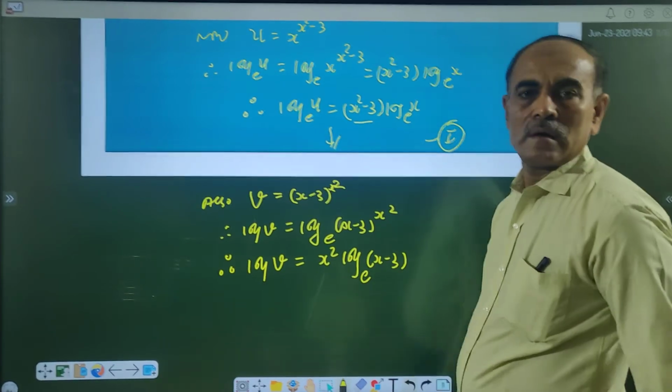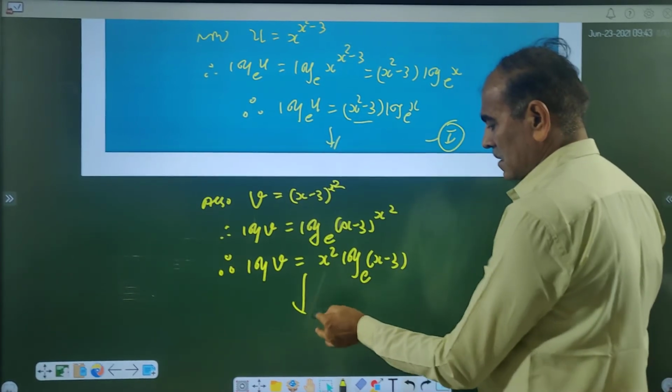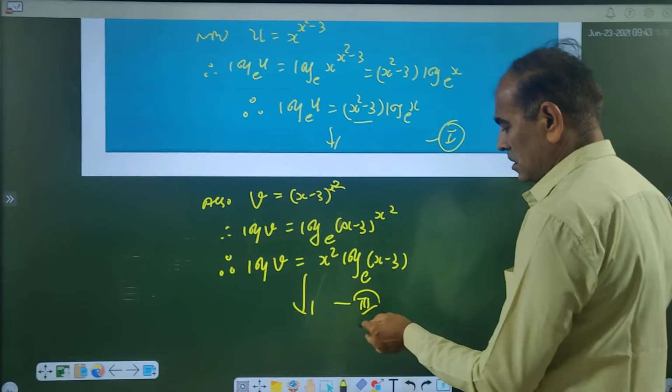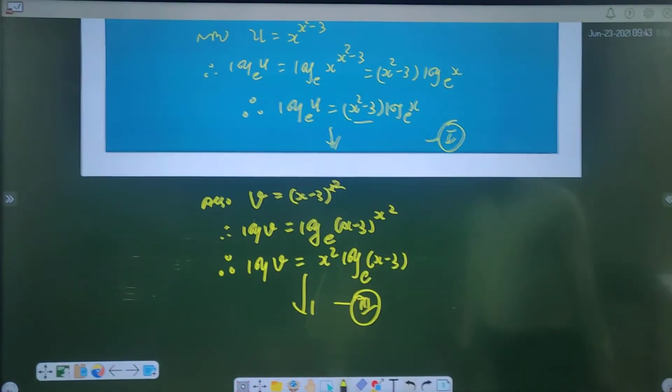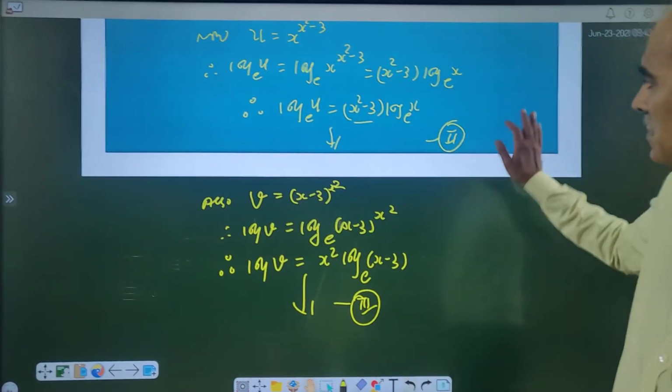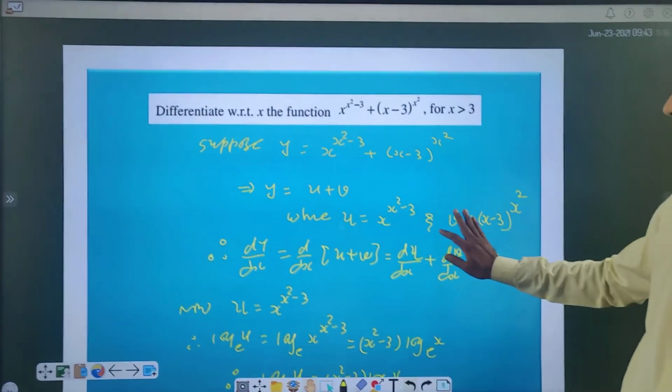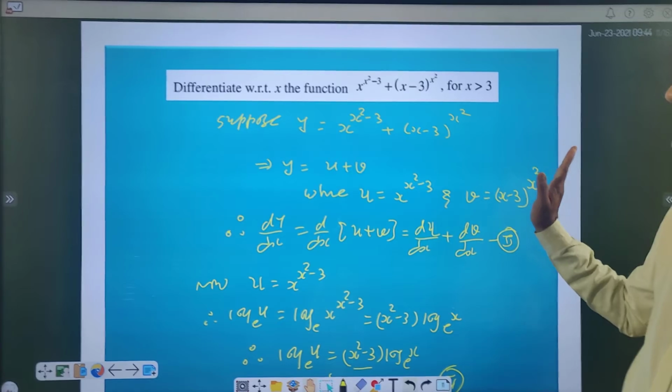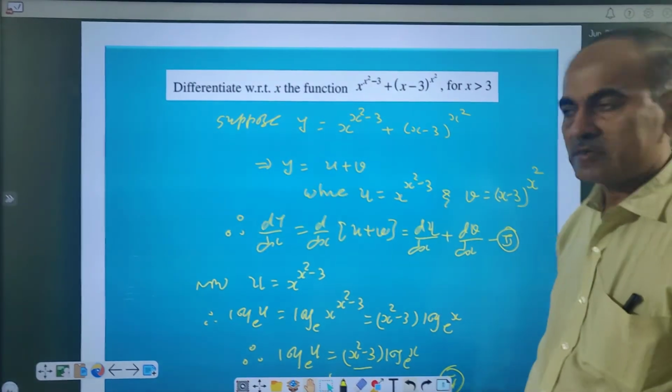Now apply the product rule. Say result number 2 and 3 in 1, replace the value of du by dx and dv by dx. Then you get the answer. It is of 4 marks.